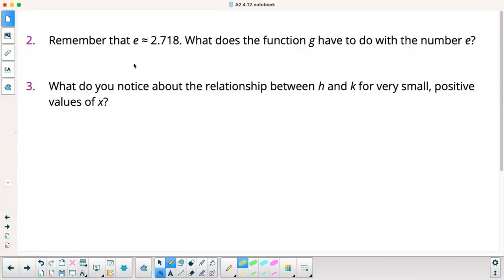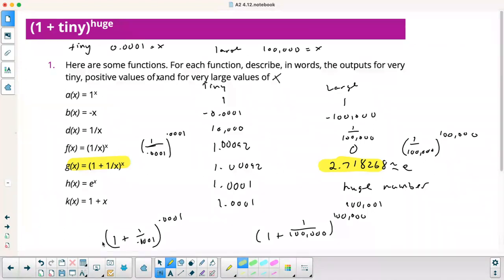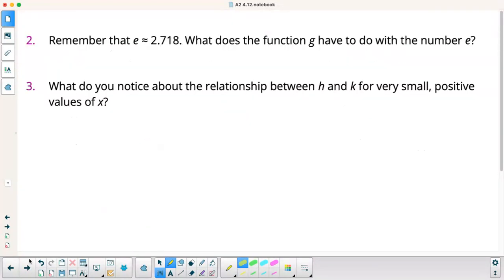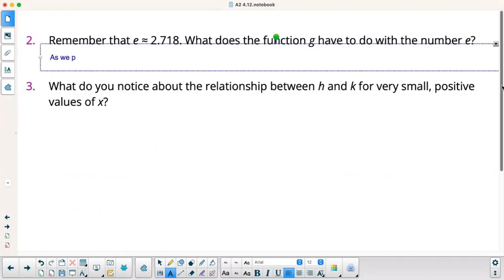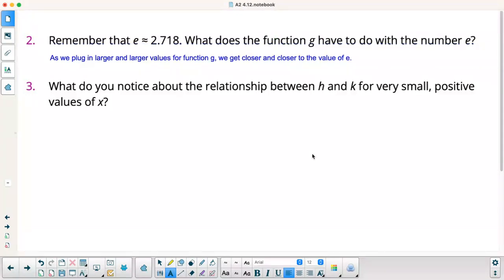All right, so remember that E is approximately 2.718. What does the function g have to do with the number E? So go back there, g. As I plug in larger and larger values, we get closer and closer to E. What do you notice about the relationship between h and k for very small positive values of x?